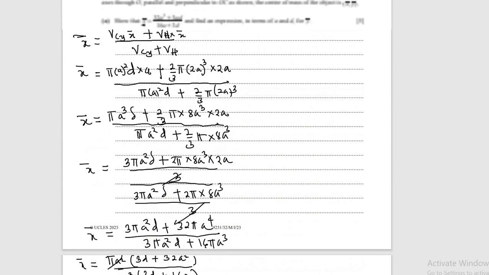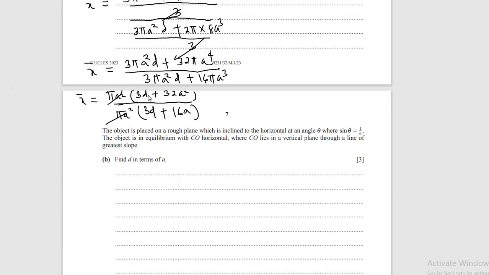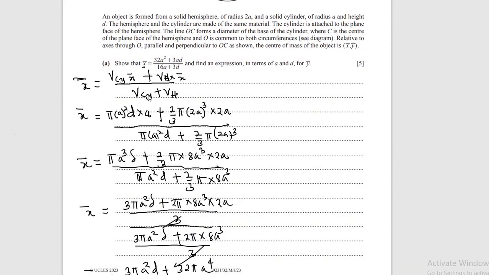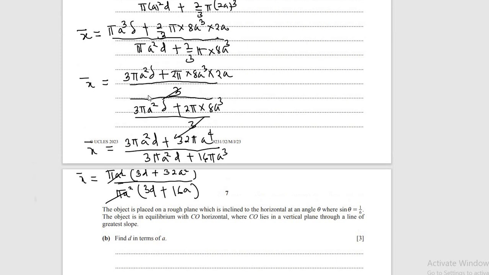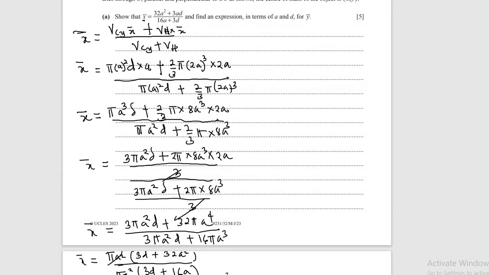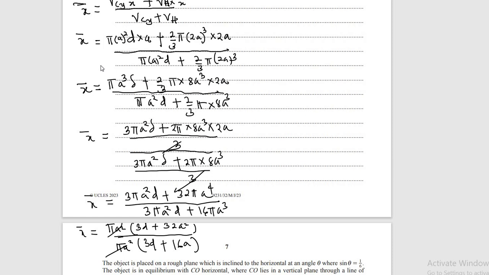At the end of the day, we have 32a squared plus 3ad. Okay, I think I've omitted something. This is cube. How come it turned to square? So it's cube. Let me turn it properly.